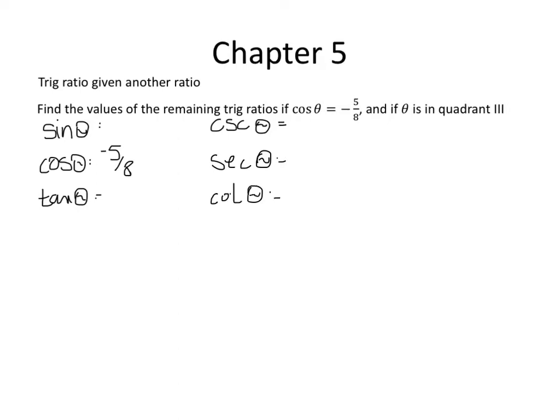Now I know that secant is the reciprocal of cosine, so I can pretty easily write that in. But for the rest, I need to remember all those x, y, and r values that we had. So I use the distance formula.